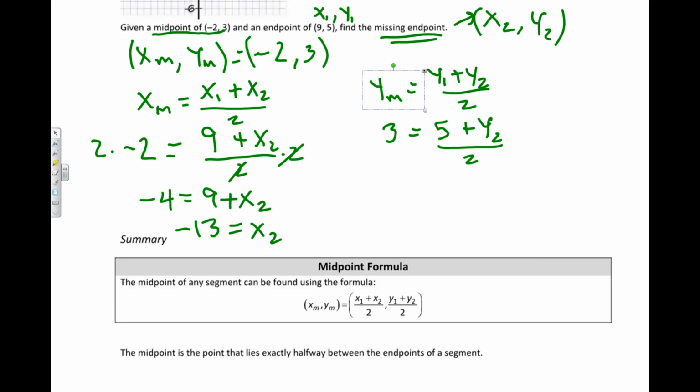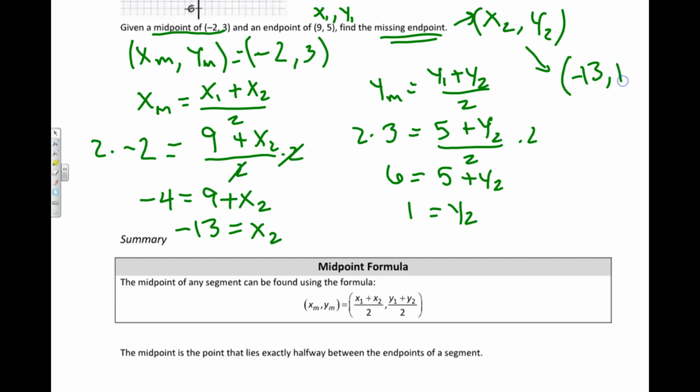So this is where you start. Multiply by 2 on both sides. So you get 6 equals 5 plus y2, or 1 equals y2. So your missing endpoint ends up being -13, comma 1, and that's your answer.